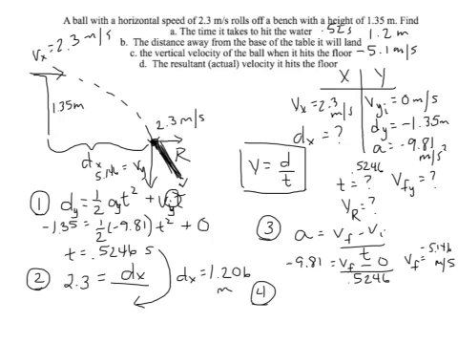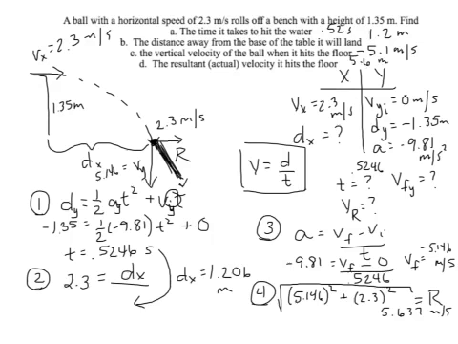When I use my Pythagorean theorem, it's going to be 5.146 squared plus 2.3 squared. And when I square root that whole thing, I will get the resultant, which should be 5.637 approximately. And when I round that, it's 5.6 meters per second is the velocity it hits the ground with.